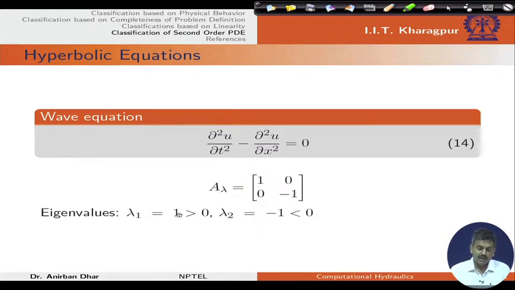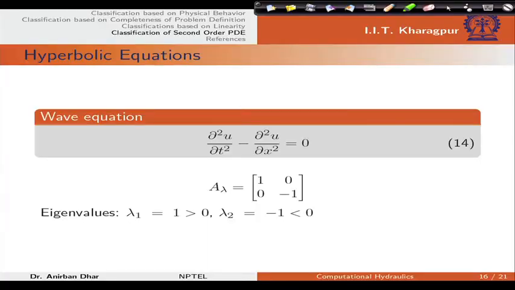So, lambda 1 is 1 which is greater than 0, lambda 2 is -1 which is less than 0. That means the opposite sign is there and both are non-zero values. So, obviously we can say that the equation is hyperbolic in nature.